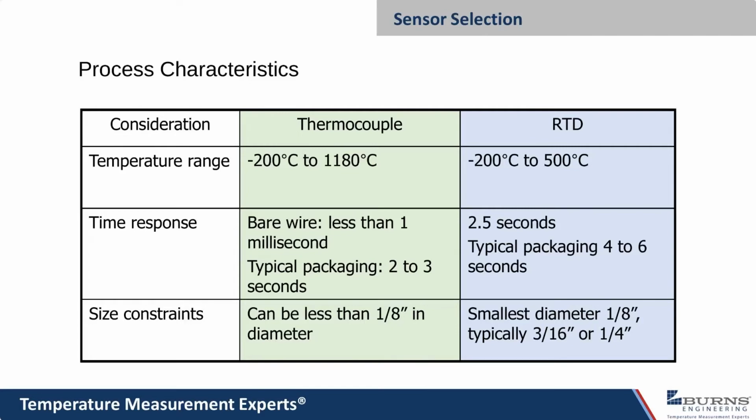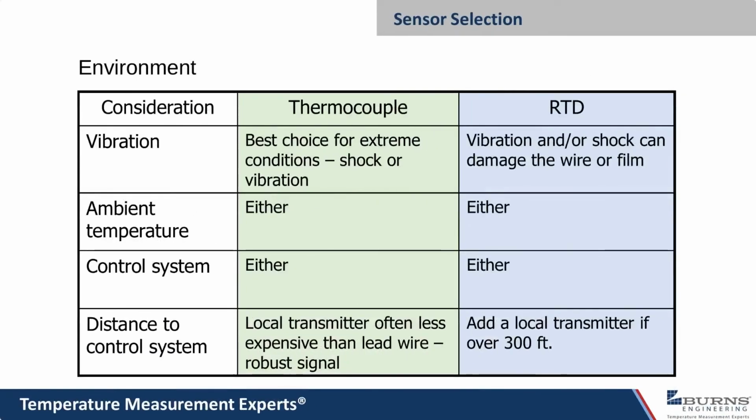I think I mentioned maybe 10 thousandths diameter. I think Omega had a photo one time of a thermocouple glued to the back of a bumblebee or something. So it can be really small. You certainly couldn't do that with an RTD unless you were using exposed platinum wire, and it still would be maybe a little too heavy for the bee to fly. At any rate, that's a few of the things to look at.